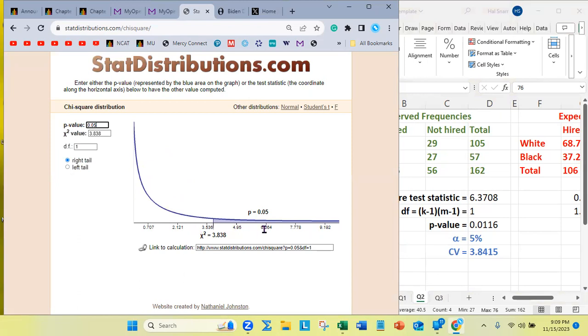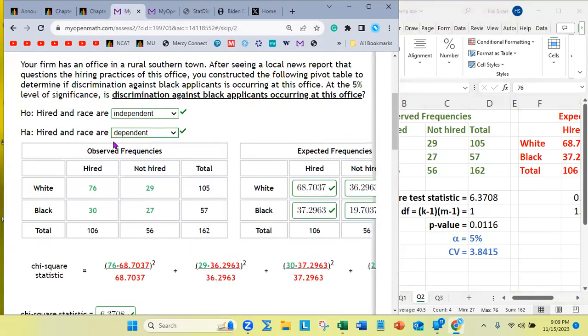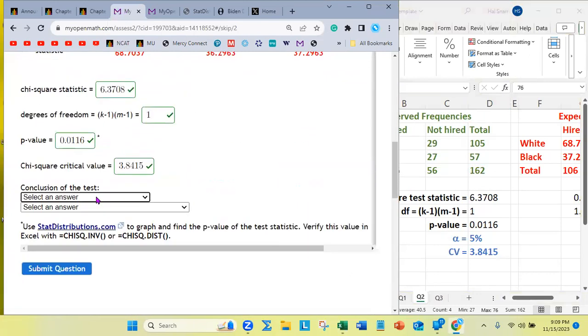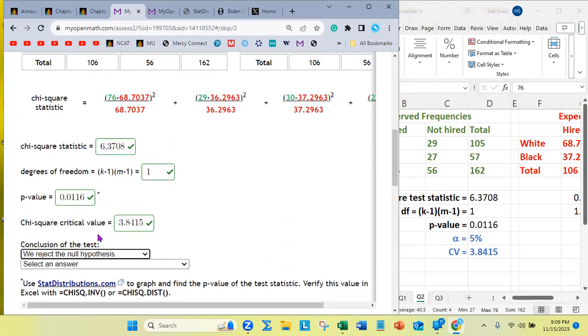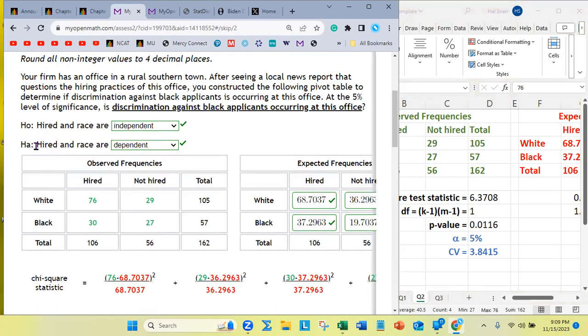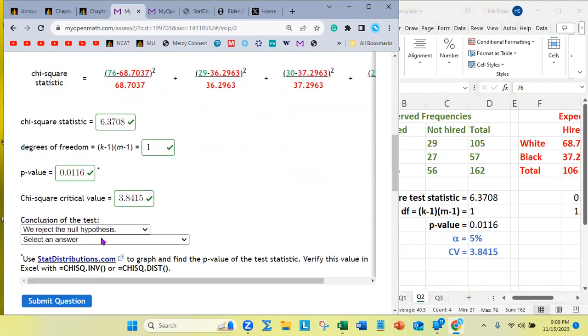So this is the reject the null region, and we are definitely in the reject the null region. So our conclusion of the test is we reject the null hypothesis. When you reject the null hypothesis, you can accept the alternative hypothesis. And the alternative hypothesis is hired and race are dependent. Being hired depends on race, right?